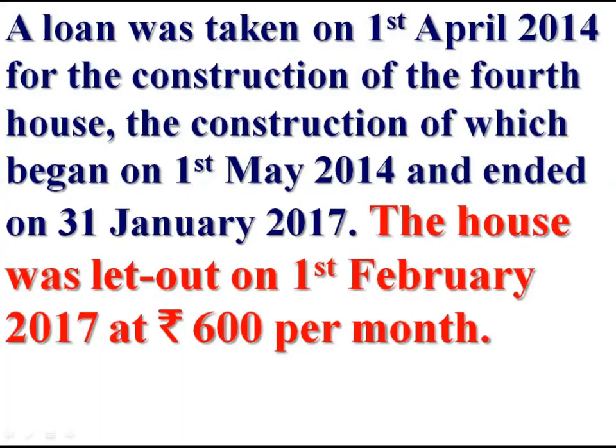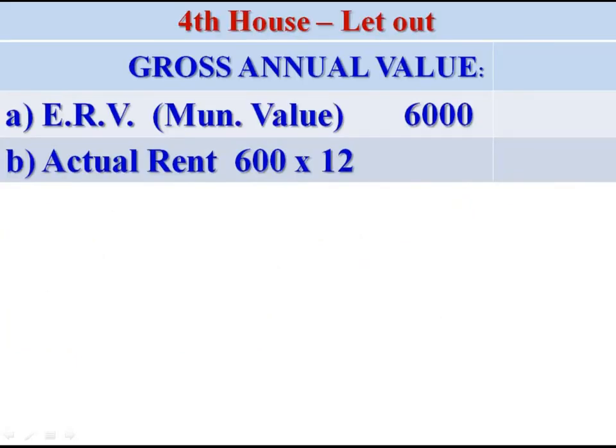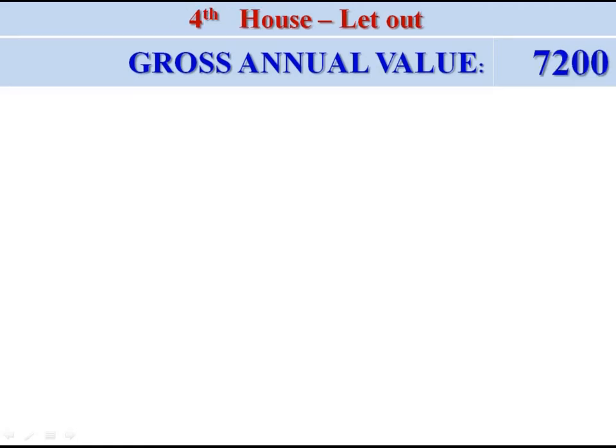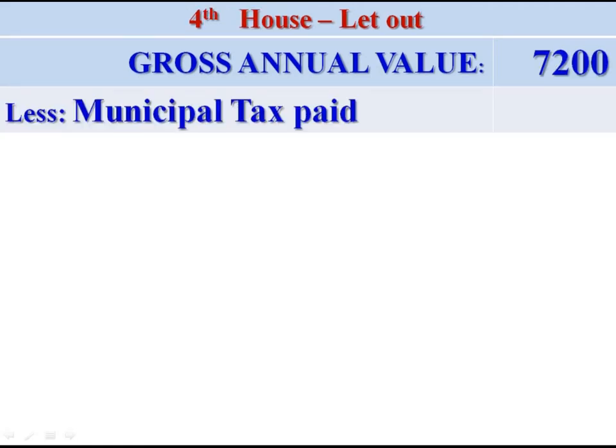Next, actual rent. The house was let out on 1st February at 600 per month. Therefore, actual rent is 600 into 12, 7200. Which is higher? 7200 is the gross annual value. From gross annual value, deduct municipal tax paid.